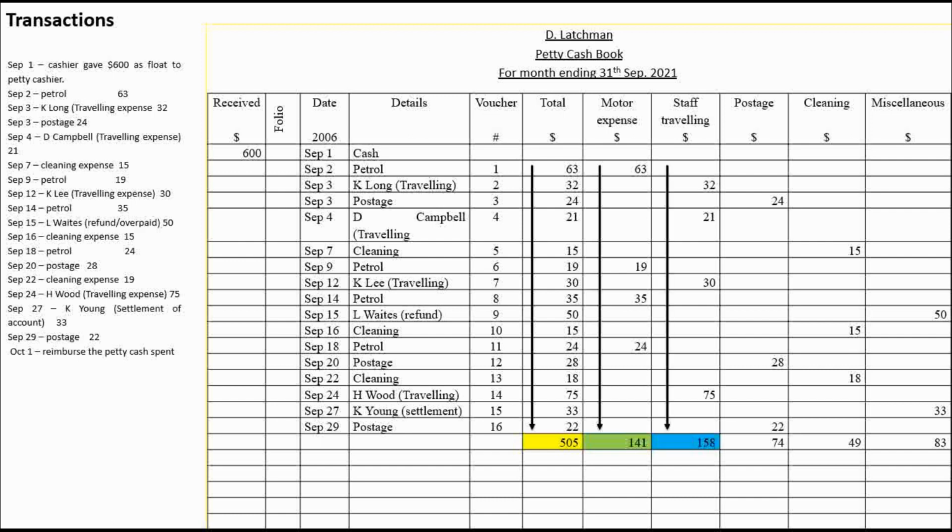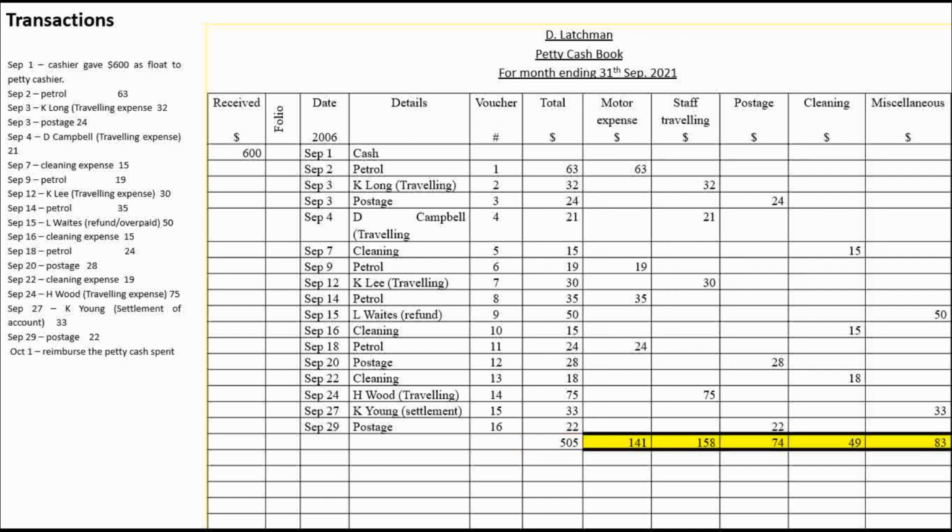Staff traveling adds up to $158. Postage adds up to $74. Cleaning adds up to $49 and miscellaneous expense adds up to $83. Now that we have finished that, for the different expenses, we will underline because we are finished with those expenses there.